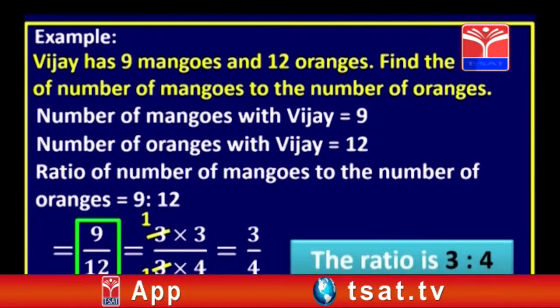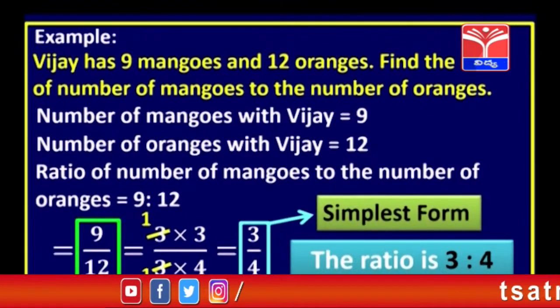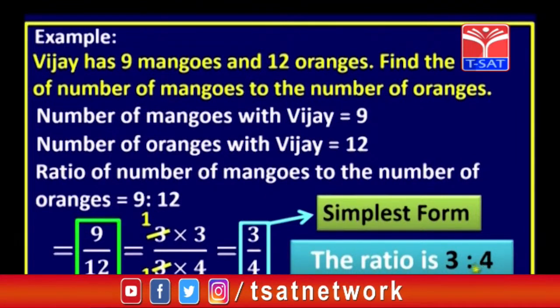Now if you notice, the ratio is now 3:4. In this 3/4, I call it the simplest form. But why do we call it the simplest form? Because if you notice 3 and 4, there is no common factor other than 1. Such a fraction is said to be in simplest form. And if you convert this into a ratio, that is 3:4, this is said to be in the simplest form. So the ratio is also in the simplest form.